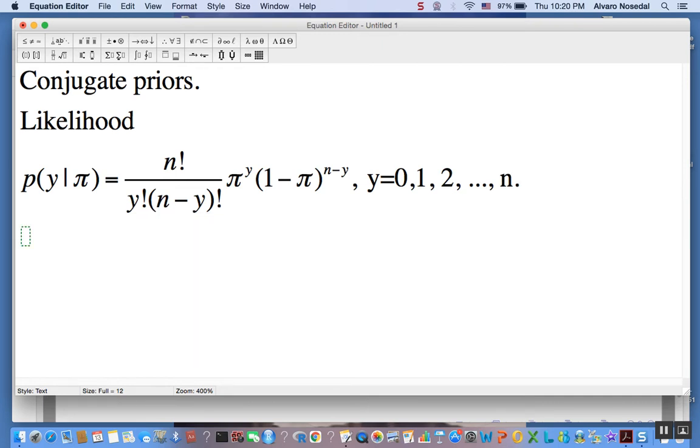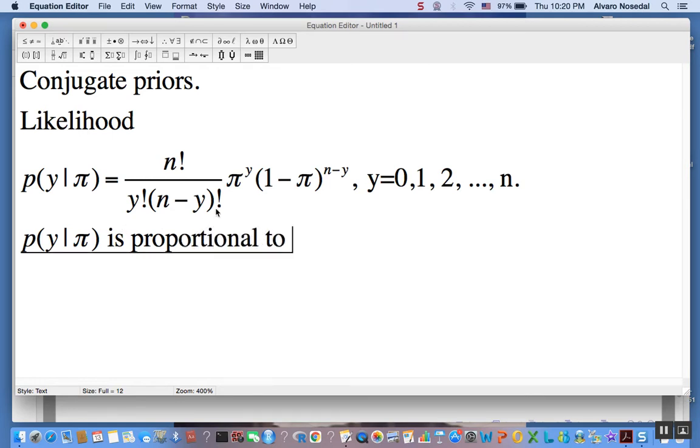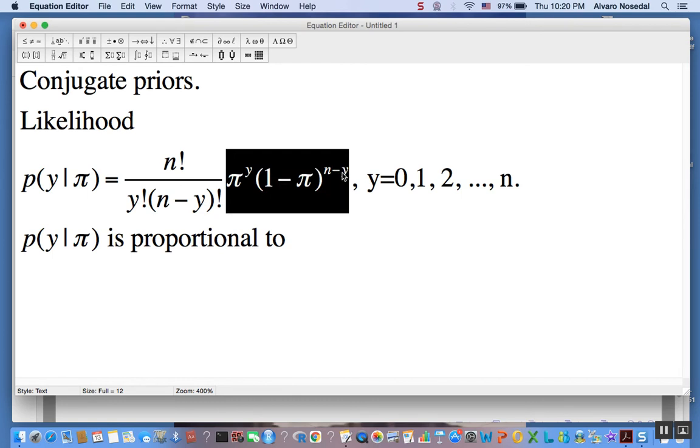So if we ignore the constant, our likelihood is proportional to just this.